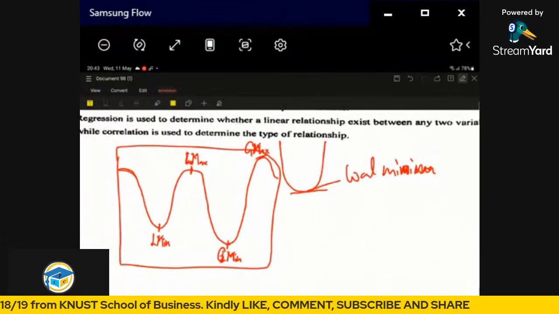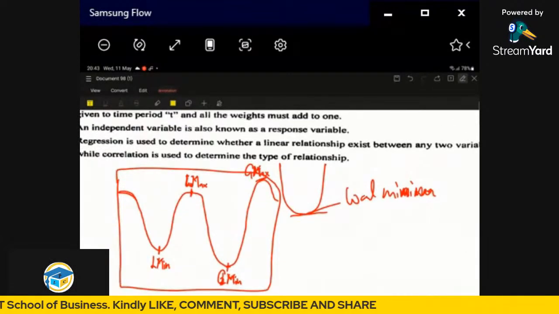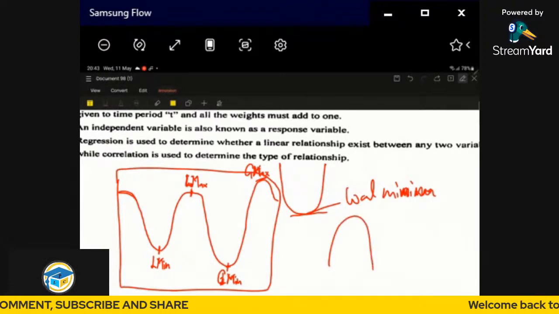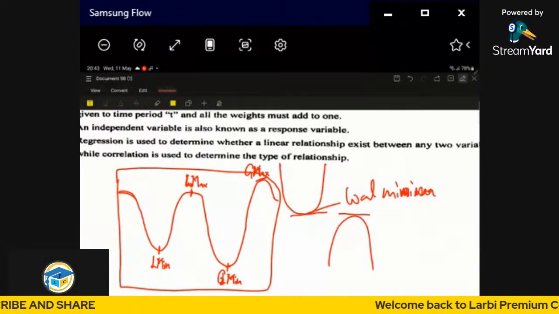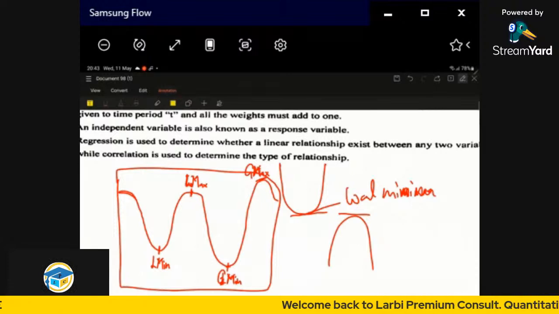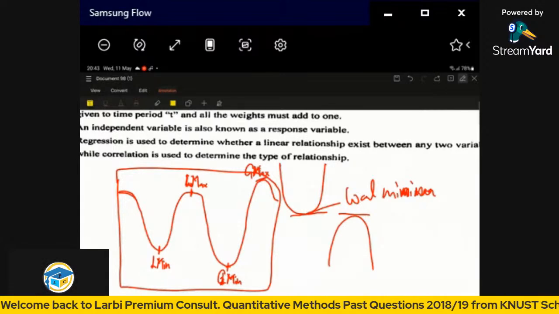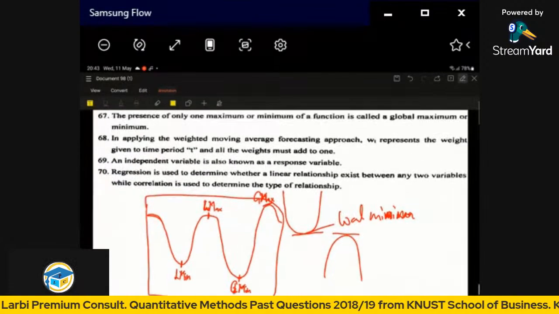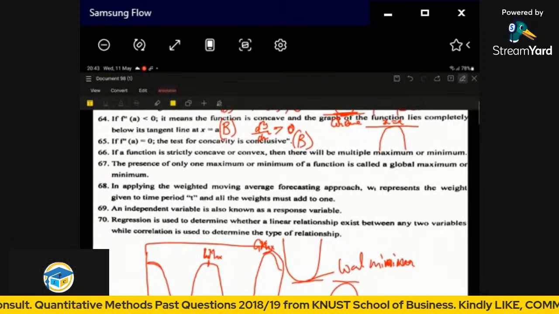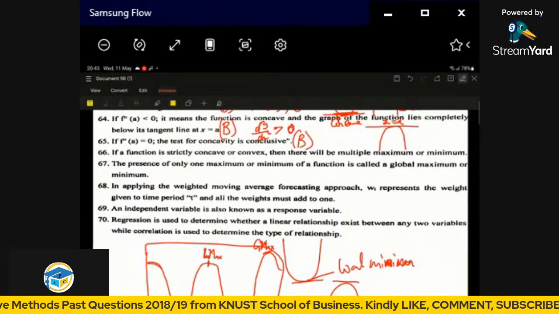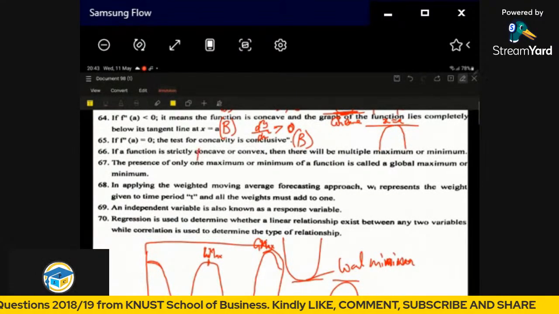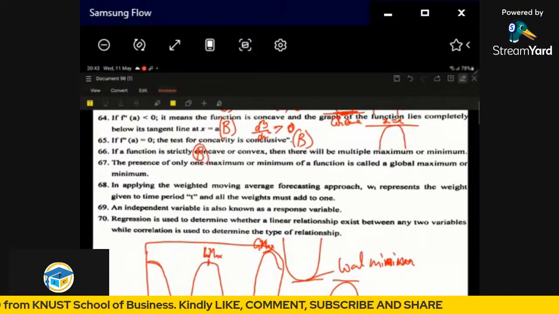So here, because it was strictly concave, or if it's convex, you just have one point, whether it's a global maxima or a local maxima. We are saying that it should be just one. So let's take note of that. That's also a false statement. Question 66 is also a false statement. So we should shade B in that case.